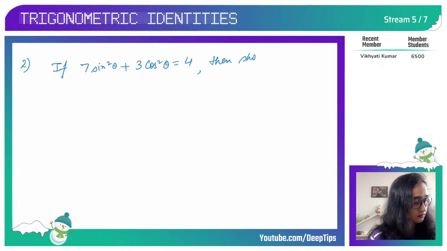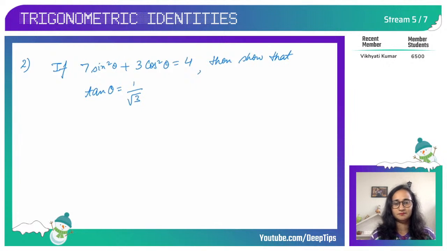Then show that tan theta is equals to 1 by root 3. So this is the question, that a condition is given and we have to show that tan theta is 1 by root 3. So how to go about it?